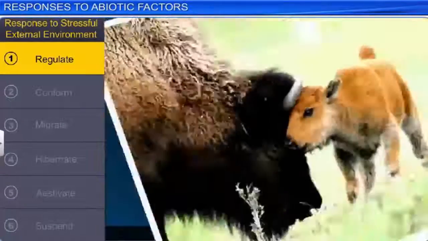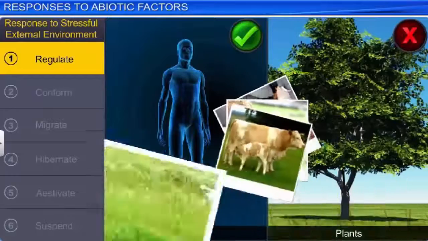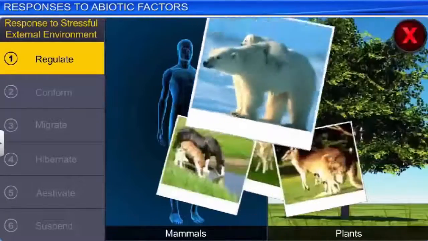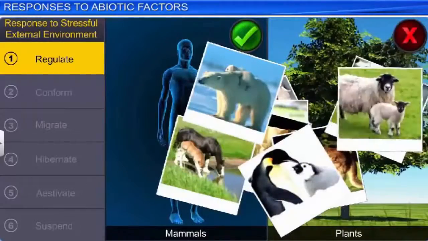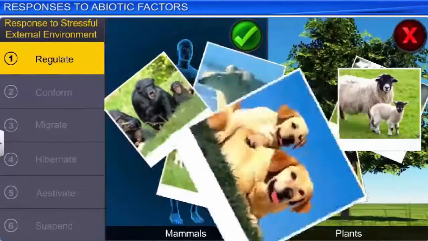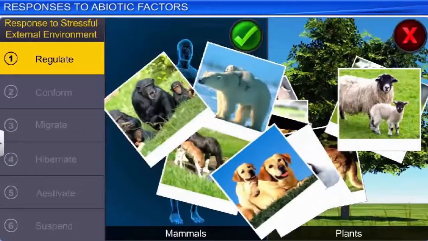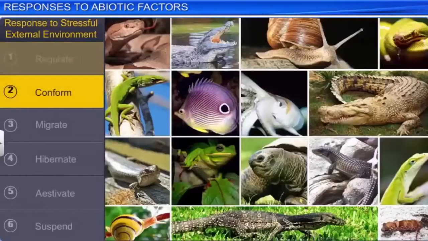Evolutionary biologists believe that the success of mammals is greatly due to their ability to maintain a constant body temperature, which enables them to survive in extreme climates. Some organisms that are unable to regulate their internal environment may partially regulate it or conform to external conditions. These organisms are known as conformers.